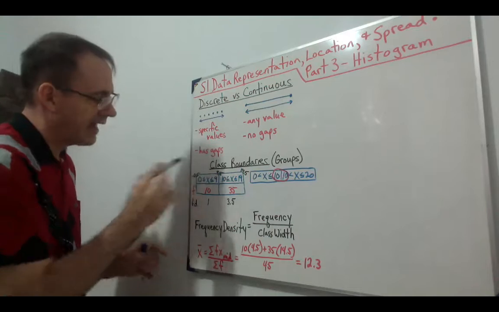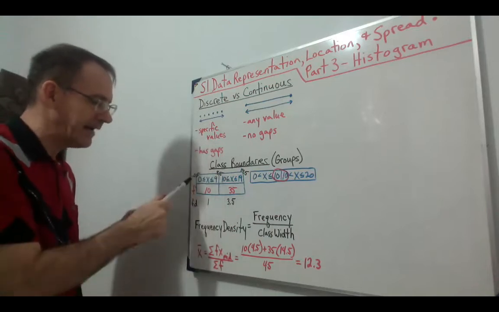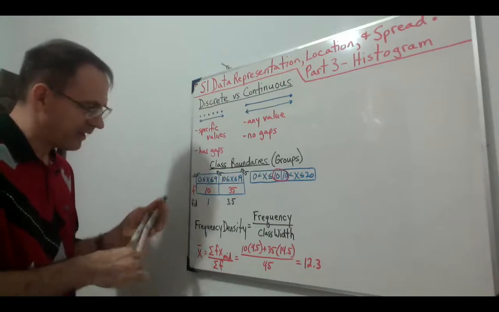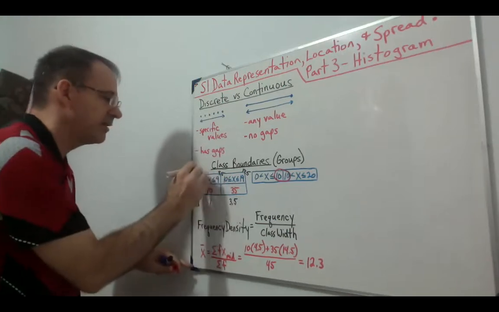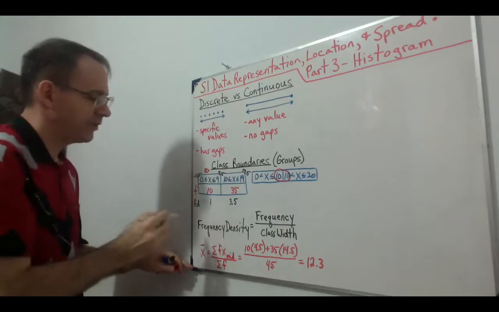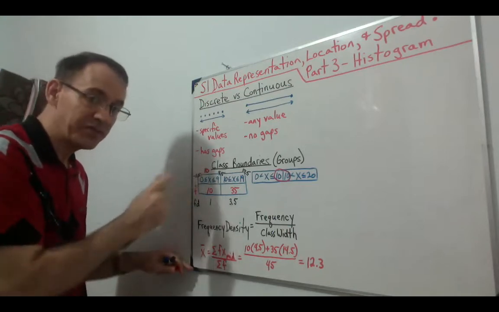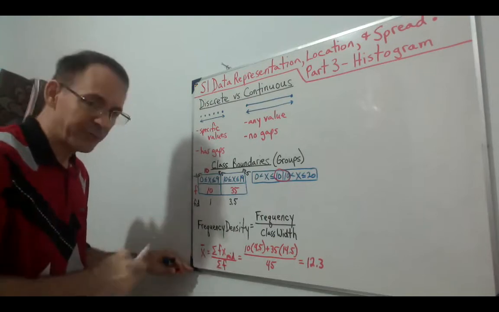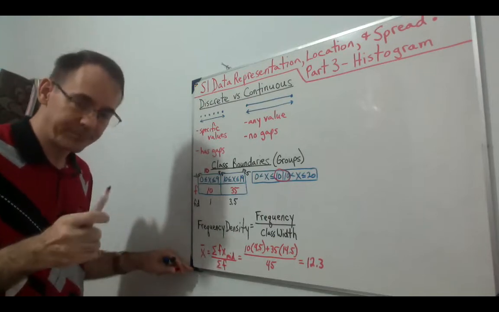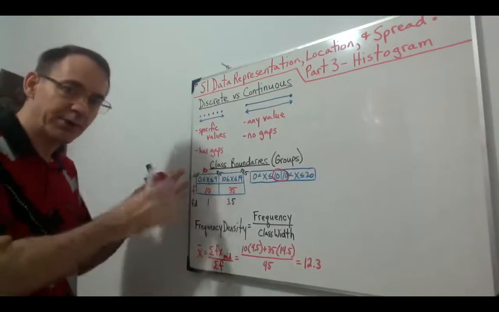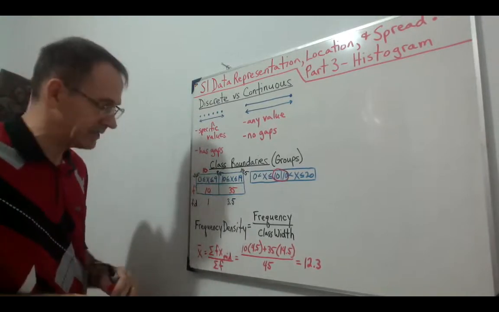So this would be 9.5 minus negative 0.5, which means you have a class width of 10. So if you have 10 data points spread across a width of 10, that gives you a frequency density of 1. In other words, you average 1 data point per 1 unit of space.